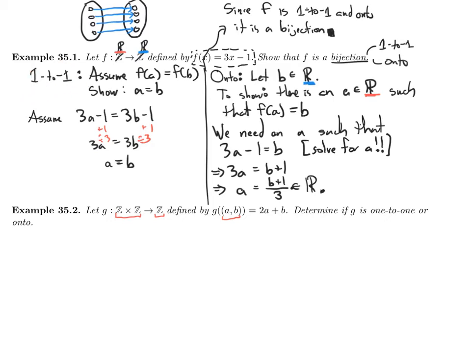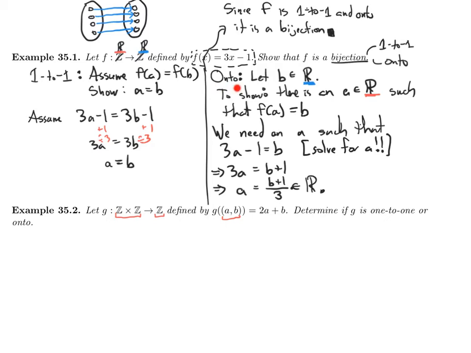For showing something isn't 1-to-1, there will be a situation where we have two non-equal inputs that give us the same output, two elements of our domain that map to the same element in the codomain, so elements in the codomain are not uniquely mapped.